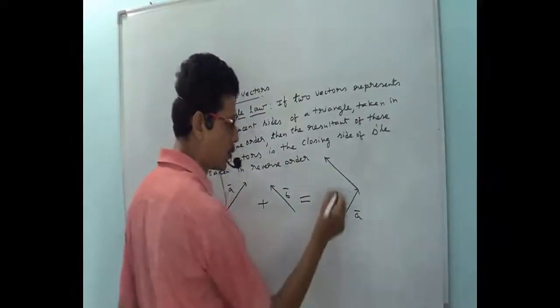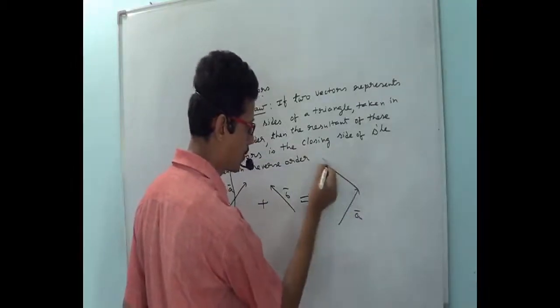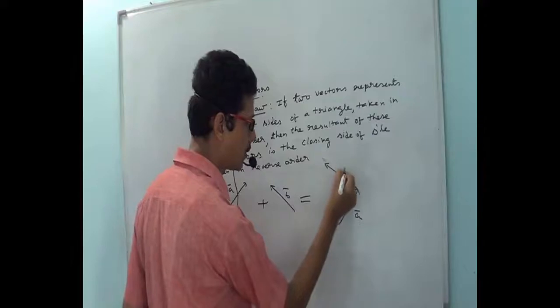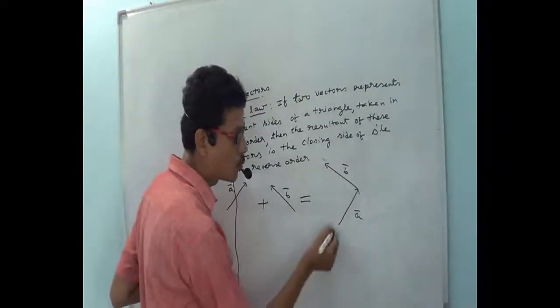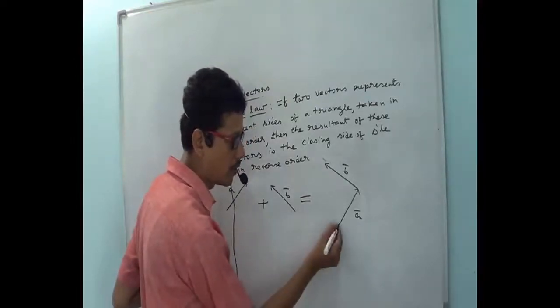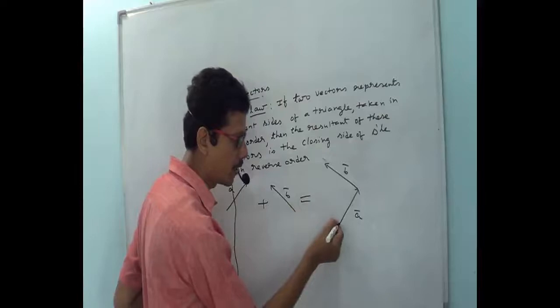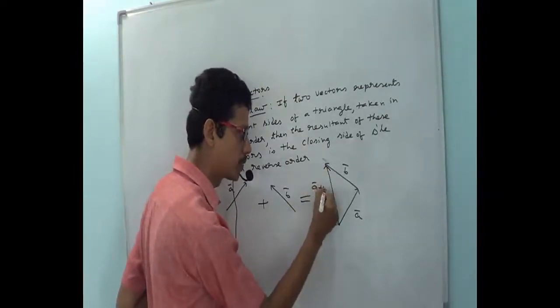Don't change the magnitude and direction. Direction is somewhat like this. This is b bar. And what is a bar plus b bar? The closing side of the triangle taken in the reverse order. I have to close this triangle like this. This is a bar plus b bar.